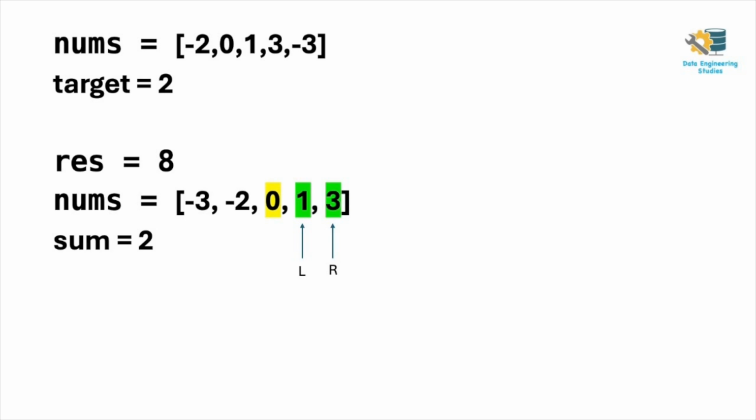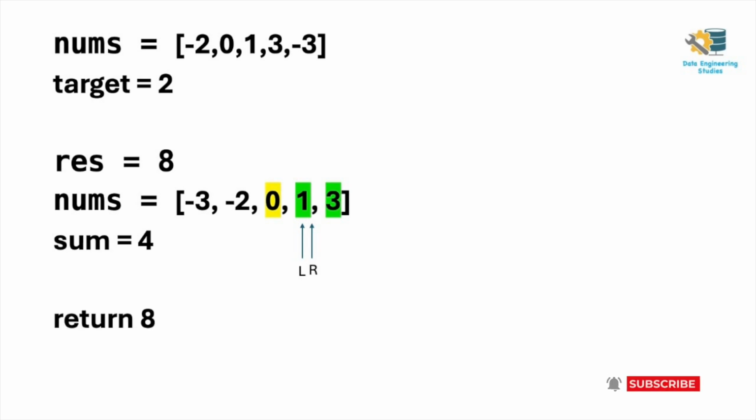The sum of 0, 1 and 3 is 4, which is not less than the target. So we decrement the right pointer. The left pointer is not less than the right pointer, and we have iterated until the n-2th position. Hence, we return the result, which is 8.